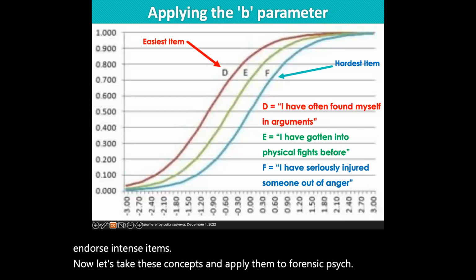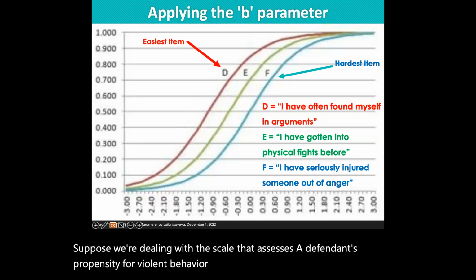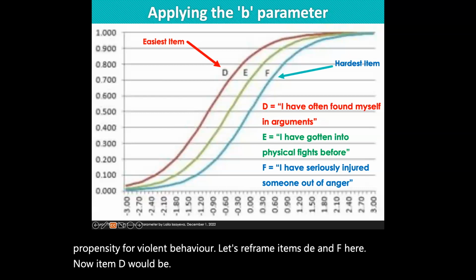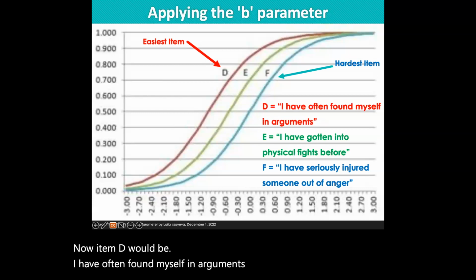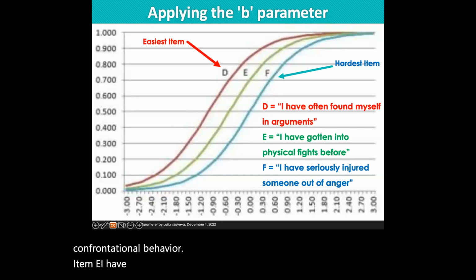Suppose we're dealing with a scale that assesses a defendant's propensity for violent behavior. Let's reframe items D, E, and F here. Now item D would be, "I have often found myself in arguments." With the B value of negative 0.5, this item's relatively easy to endorse, possibly indicating a mild tendency for confrontational behavior. Item E, "I have gotten into physical fights before."